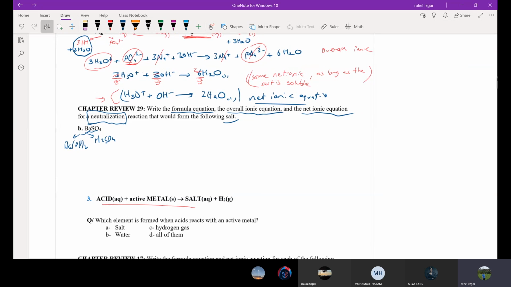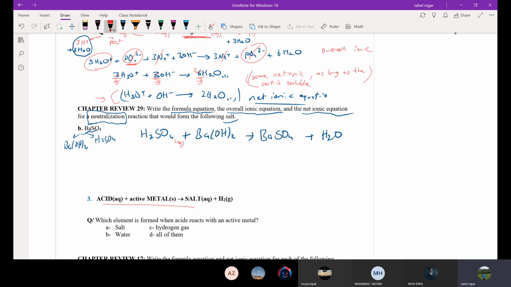That's why this is the reaction: H2SO4 reacting with barium hydroxide, and of course the salt is BaSO4 plus H2O. But everyone, please pay attention to the salt. Be careful.